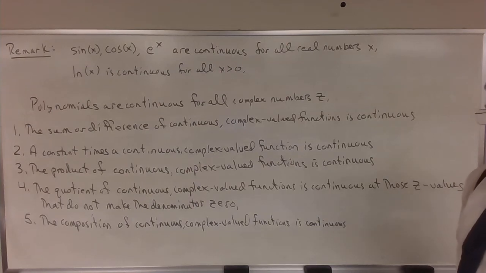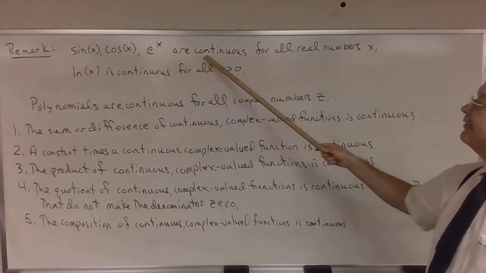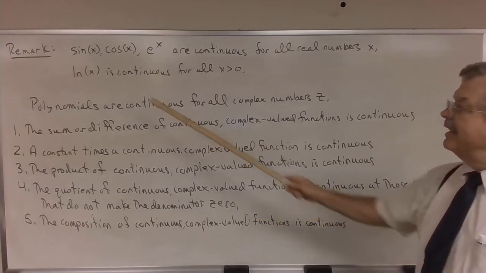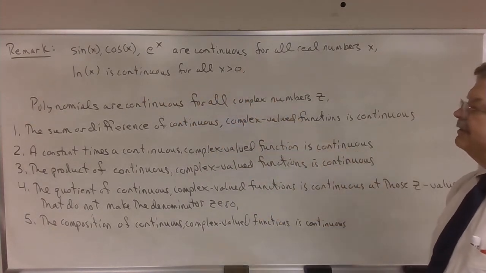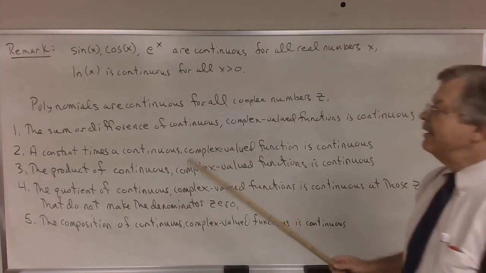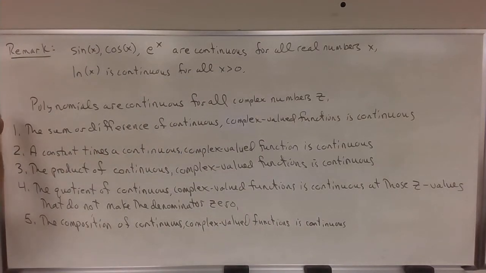Some theorems about continuity. Sine of x, cosine of x, e to the x are continuous for all real numbers x. Natural log of x is continuous for all positive real numbers x. And I guess I'll call this one 0.